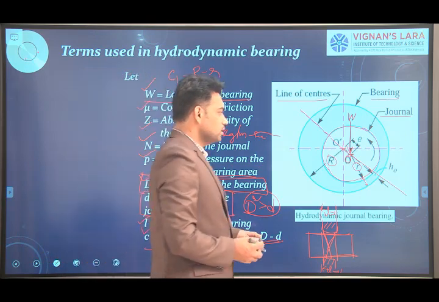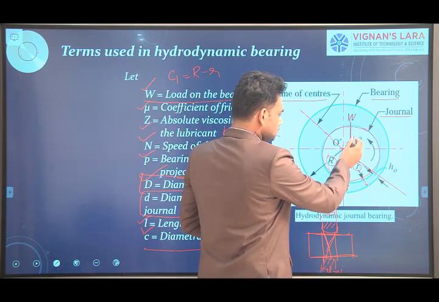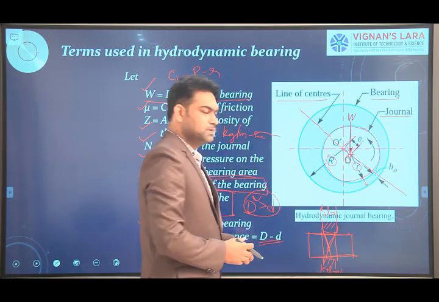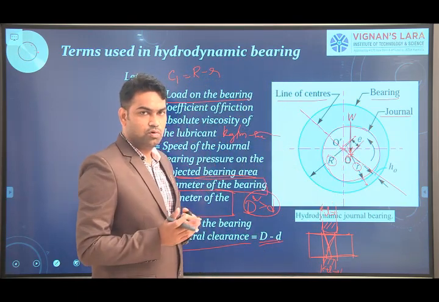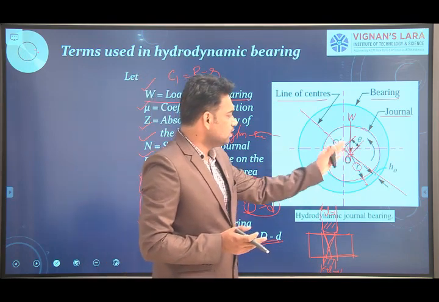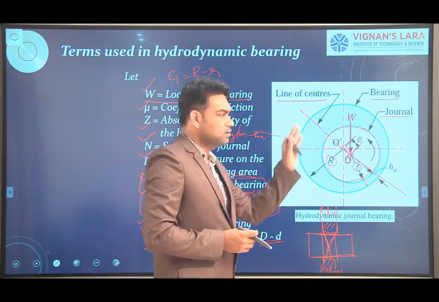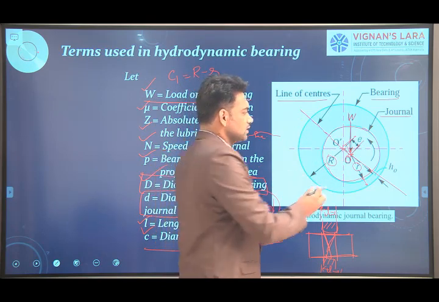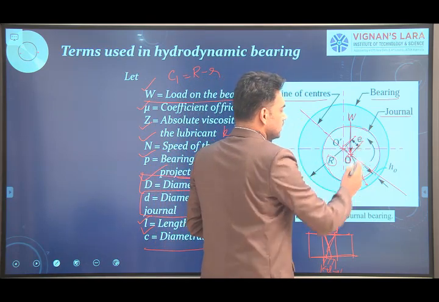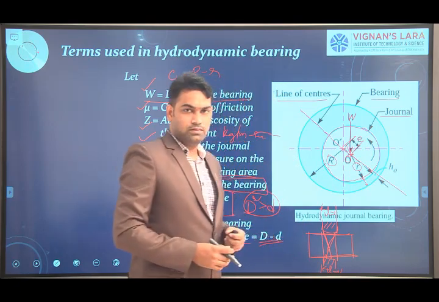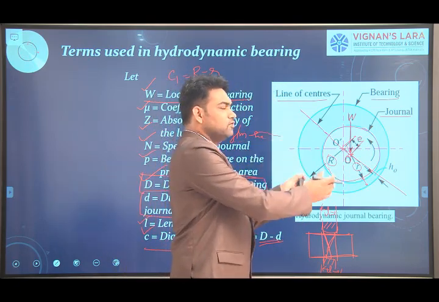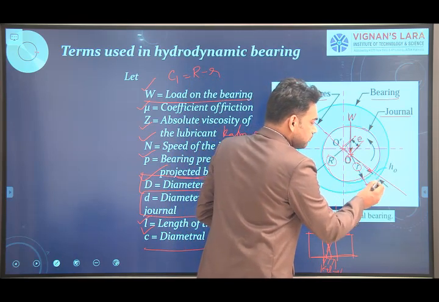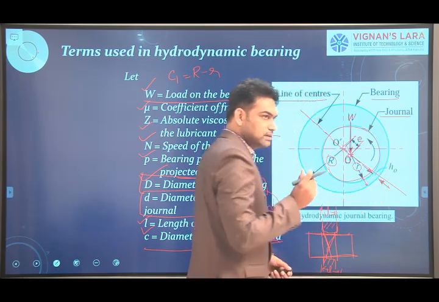Coming to the case, here we have a displacement of centers: O is the center of the journal and O dash is the center of the bearing. So there is an eccentric distance, denoted by small e, which we call eccentricity. Under the full load condition, a thick film forms, so a gap is provided. That is the thickness of lubricant.